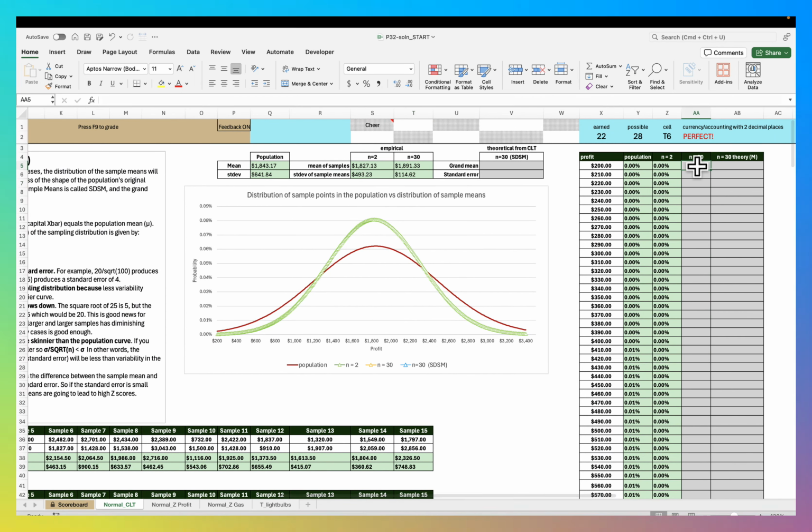Okay, now we'll plot that. So we'll call this equals norm.dist, x, mean, standard deviation, false.